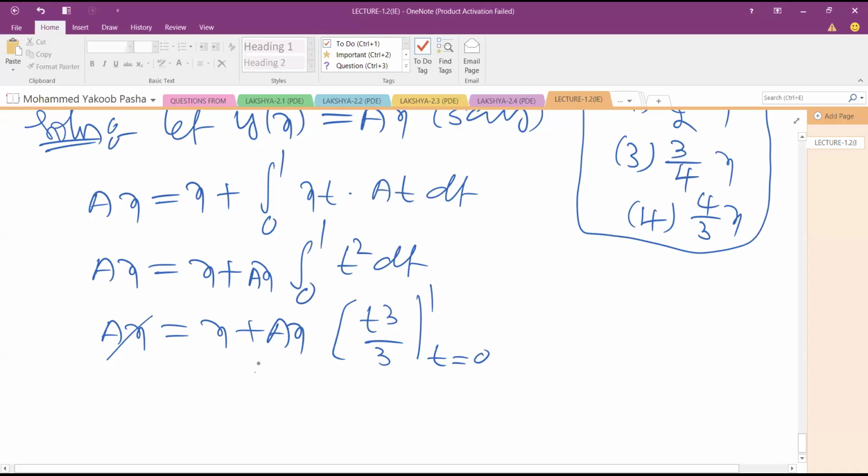Okay, here ax is there. Now x will be cancelled. a is equal to 1 plus a into, your upper limit is 1 by 3, lower limit is 0.